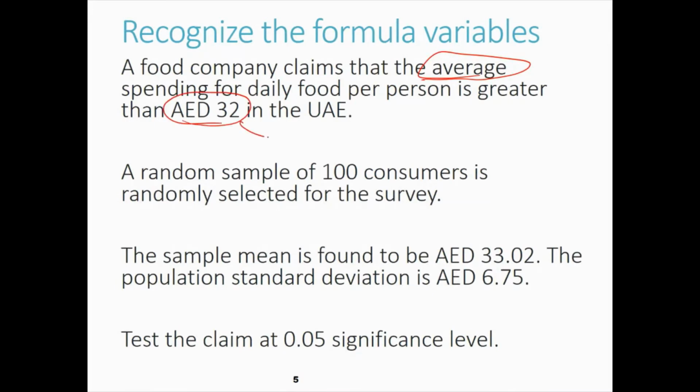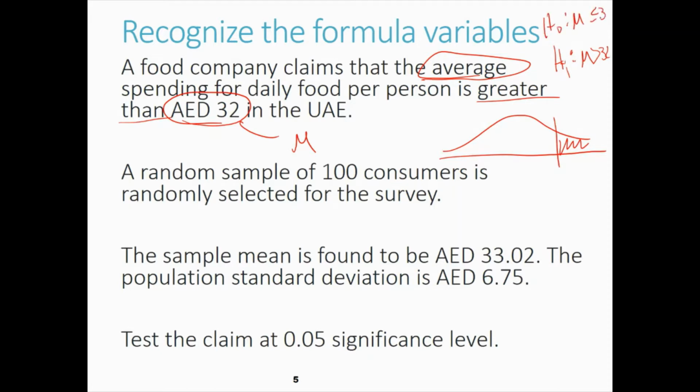So everybody is the population mean, and that is 32 dirhams. And here they're giving you the keywords greater than. So when you're trying to figure out where you're testing, your greater than is your upper tail. Your H1 will be mu more than 32, and since this is greater than, your H0 is mu less than or equal to 32.